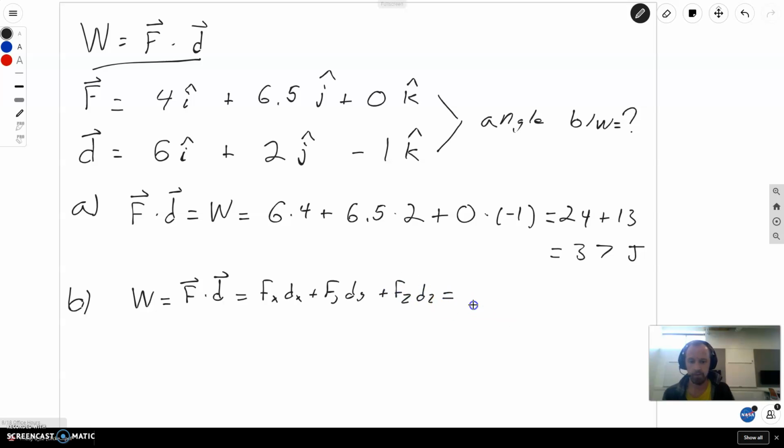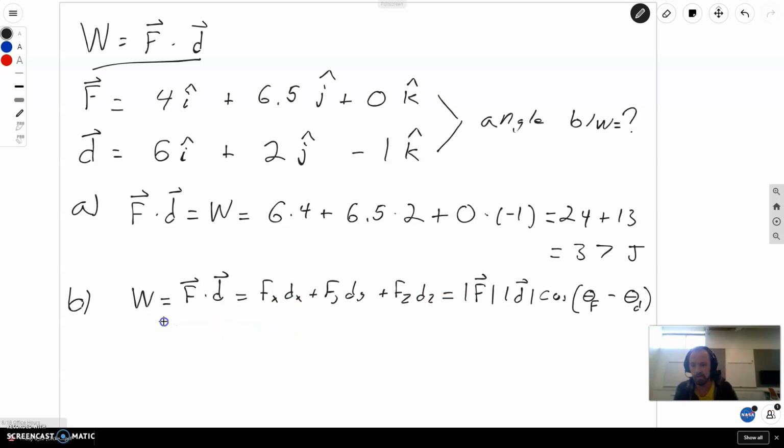But we can also evaluate the dot product using this formula: magnitude of F, magnitude of D, times the cosine of the difference of the two angles. I'll call them theta F and theta D.